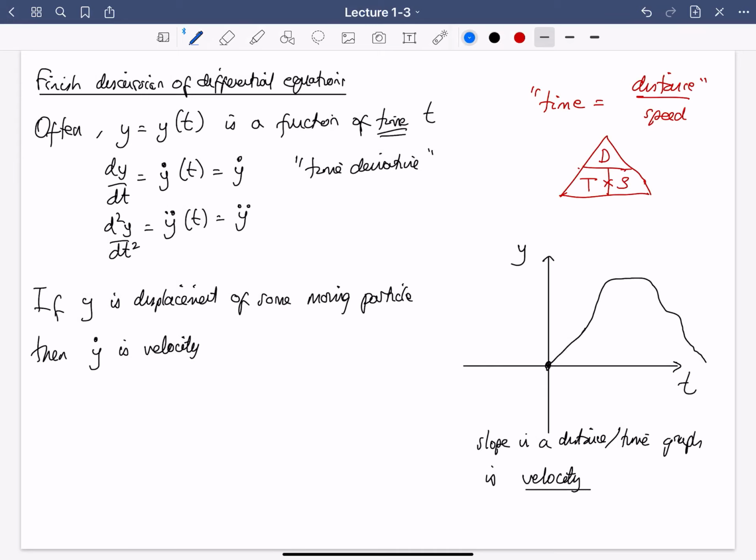And often you call that rate of change. When it's time derivative, rate of change is a synonym for time derivative. So velocity is rate of change of displacement.